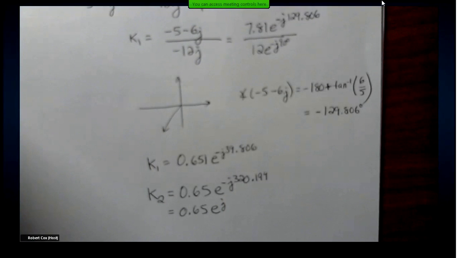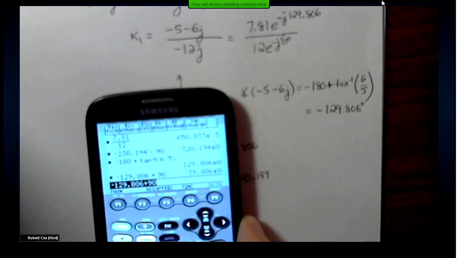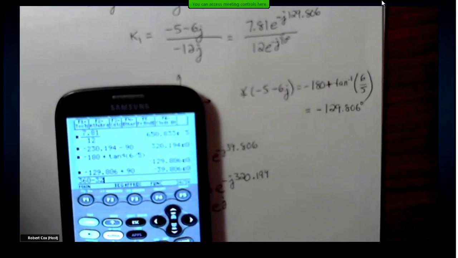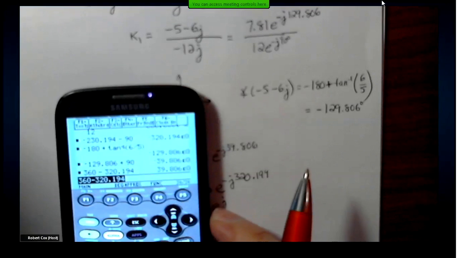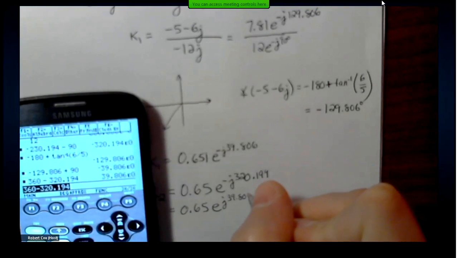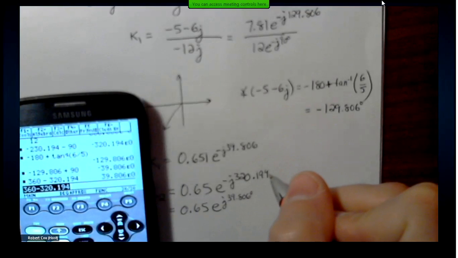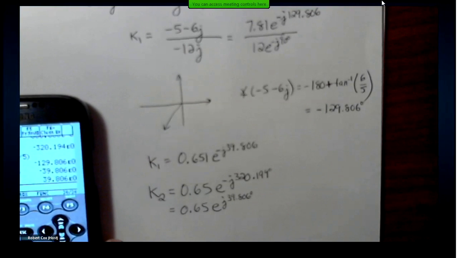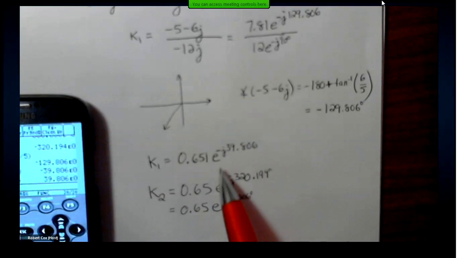So I do 360 minus 320.194. That becomes 39.806 degrees. In other words, negative 320.194 degrees is the same as 39.806 degrees. Okay, so these two, K1 and K2, are conjugates of each other. All right, which I mentioned in class the other day, but here we can really see it.